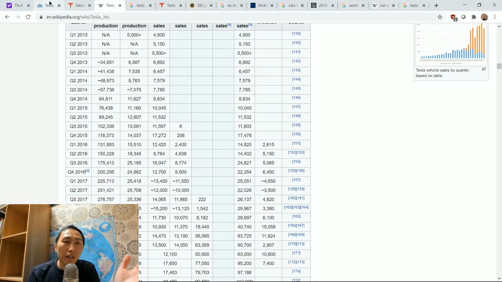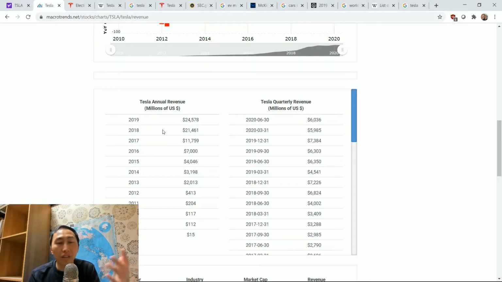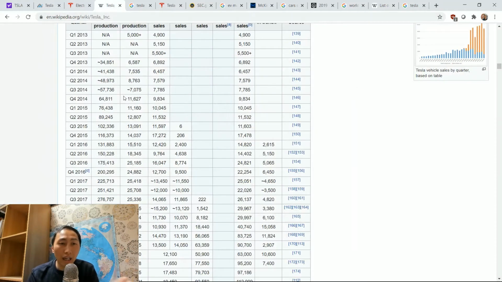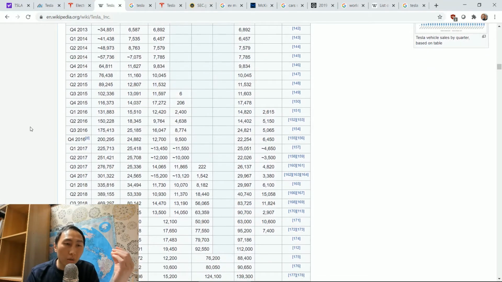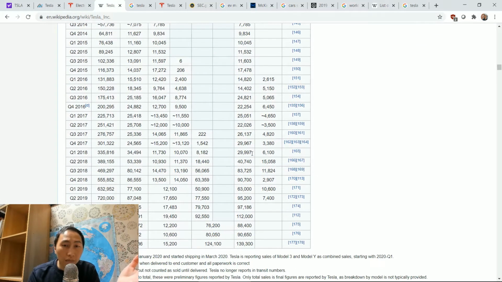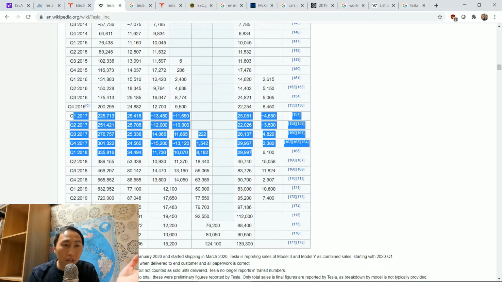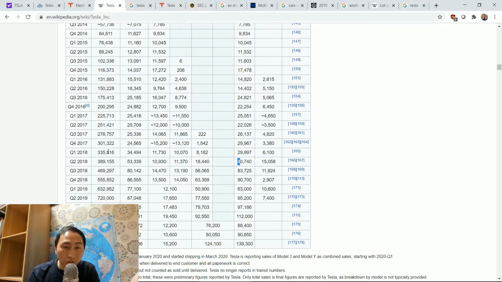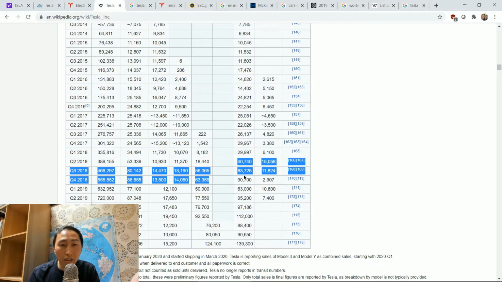So instead of going here and saying, oh, from 2018 to 2019, revenue only increased to 24 billion from 21, I can actually look at car sales, and from 2017, their car production rates went up from the 20,000s to about 40, 80, 90,000.